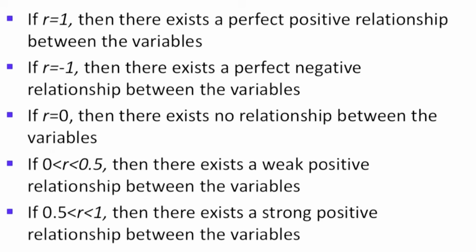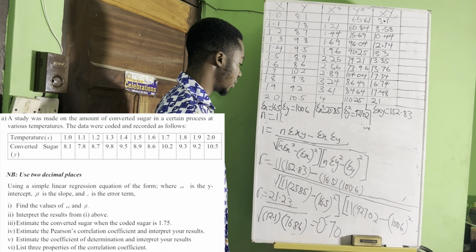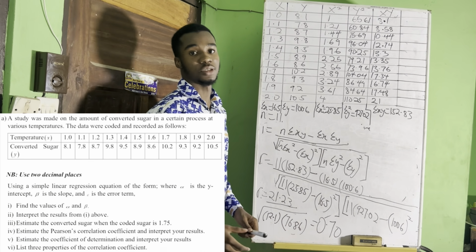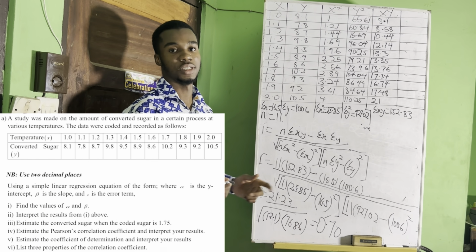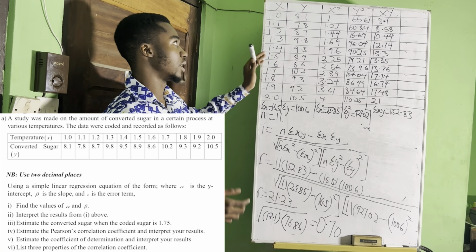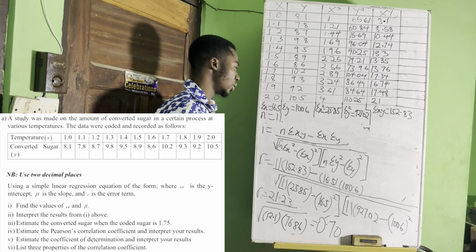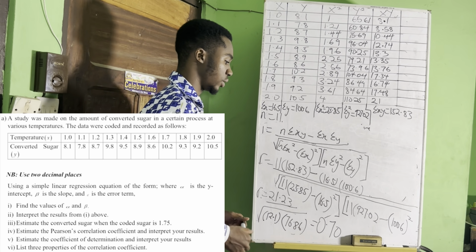And lastly, if you get r to be greater than 0.5, but it's also less than 1, then it means there's a strong positive relationship. You get it? So this one like this, r is greater than 0.5, but it's also less than 1. So you see there's a strong positive relationship between the two variables, which is x and y. You get it? So that's how you solve for Pearson's correlation coefficient.